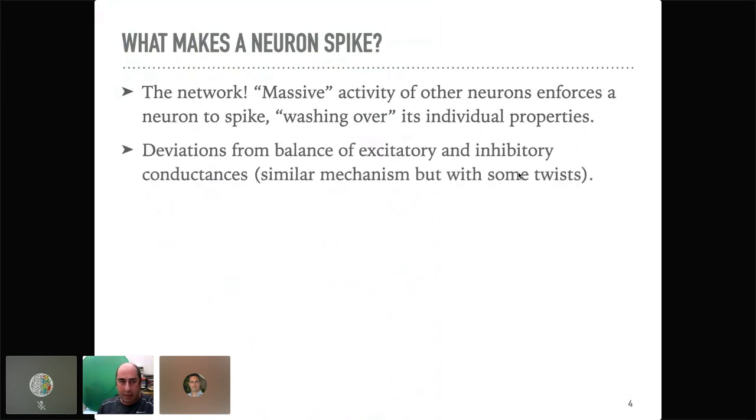In some cases, they will also talk about the fact that this excitation and inhibition cancel each other, and there's some balance. And then the deviations from this balance are the things that make the membrane potential cross the threshold. But this is just a nuance. It's an important fact, but it's a nuance on the same idea that you have more excitation than inhibition.